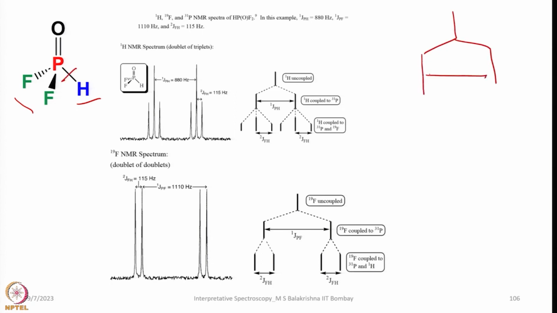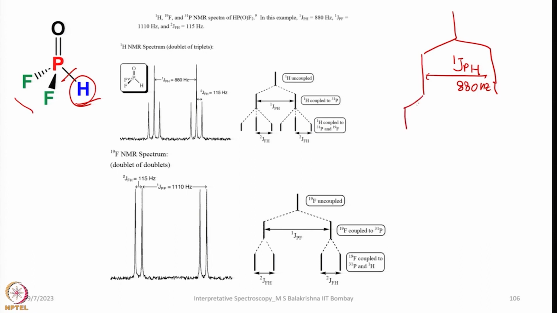This is 1J PH, about 80 Hertz here. Now each line will be split into a triplet because we have two chemically and magnetically equivalent fluorine atoms, two bonds apart from hydrogen. So they split this one into a triplet.